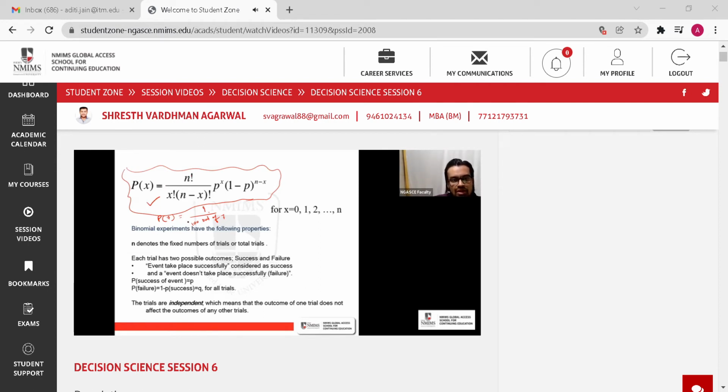Let's try to understand the different notations. N denotes the fixed number of trials. Here the trials are fixed. It's not that you just continue the experiment. Let's say you are running a manufacturing firm which manufactures LED bulbs, and you are conducting a life testing experiment of the bulbs.